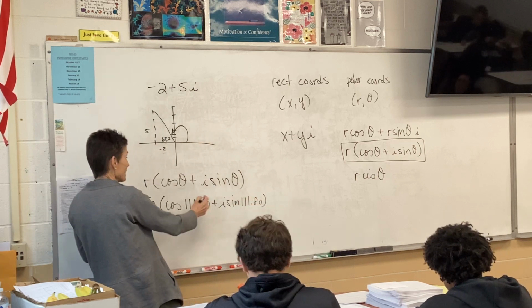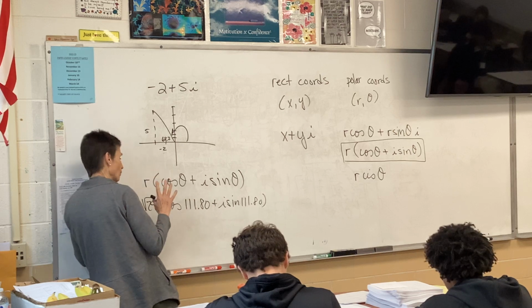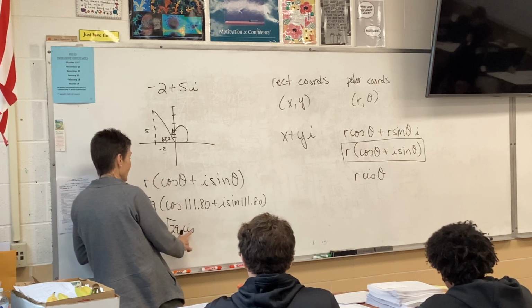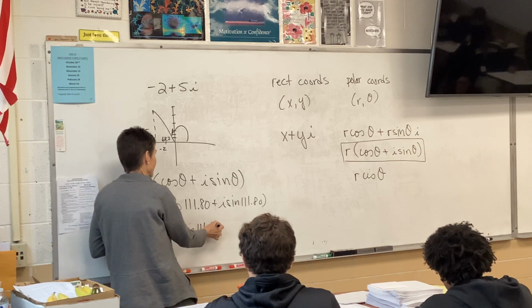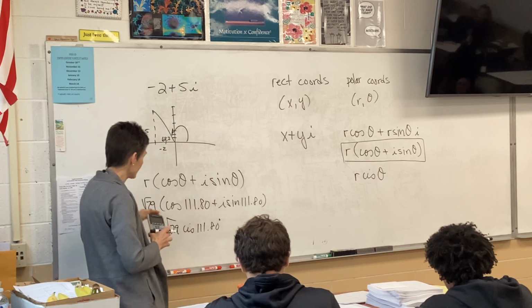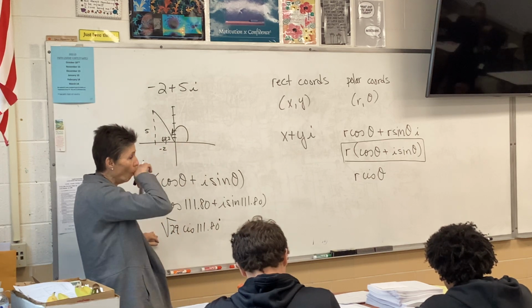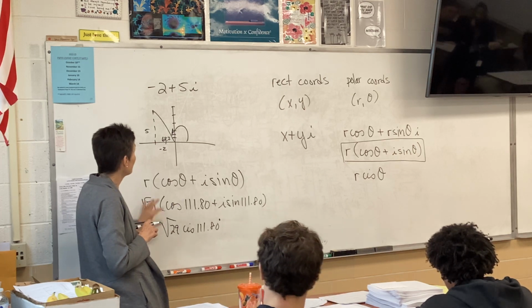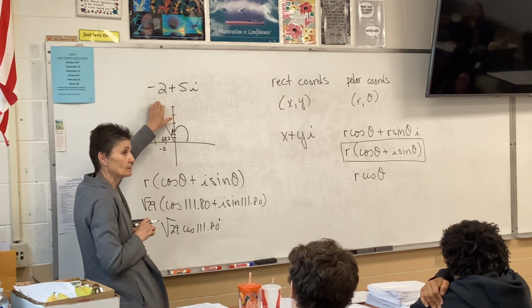This is the longhand form. This is like the official form. You are allowed to write root 29 cis 111.8 degrees. Either one of those is perfectly fine. That's the polar form of that number.